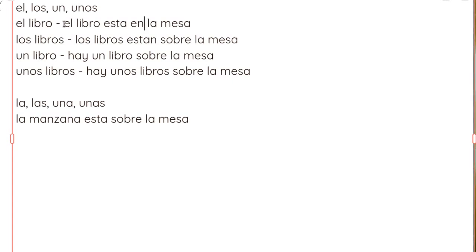Okay, el libro está en la mesa. La manzana está sobre la mesa o en la mesa. It will mean the same in Spanish. La manzana está sobre la mesa. The apple is on the table. Okay.